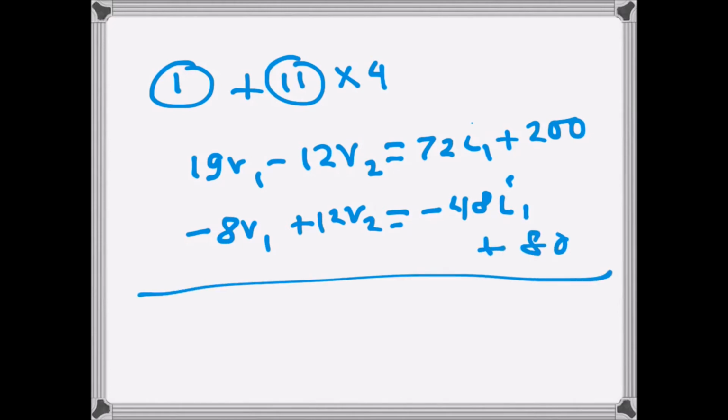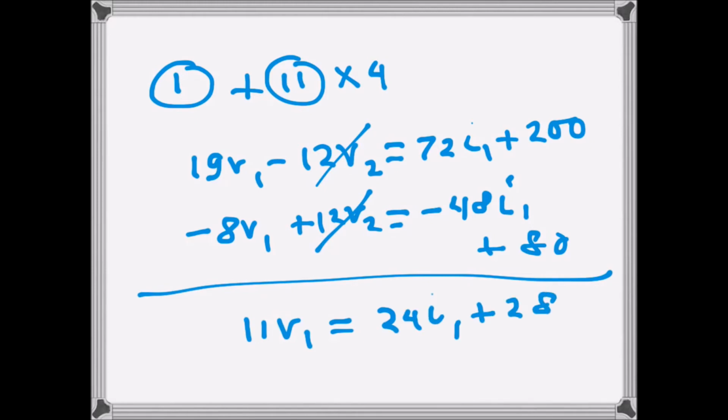When we add them, V2 gets cancelled, and we get 11V1 equals 24I1 plus 280.